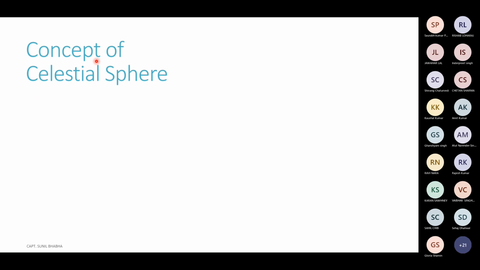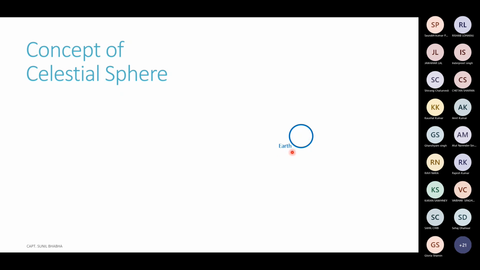Now we first move on to the concept of the celestial sphere. To understand the celestial sphere, let's make a diagram here. Let's assume that this circle, which we see on the screen, represents the Earth.